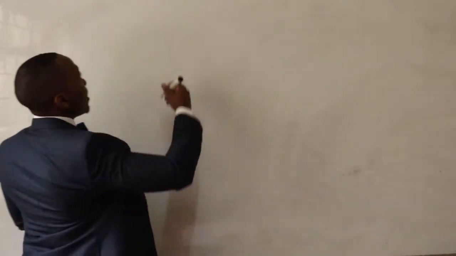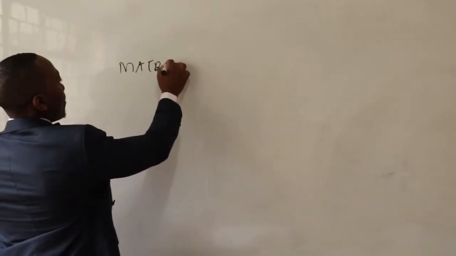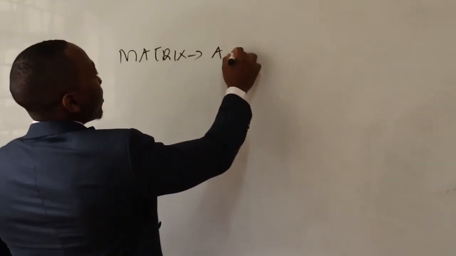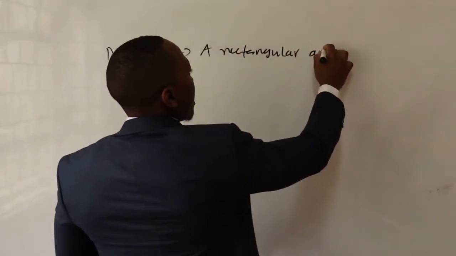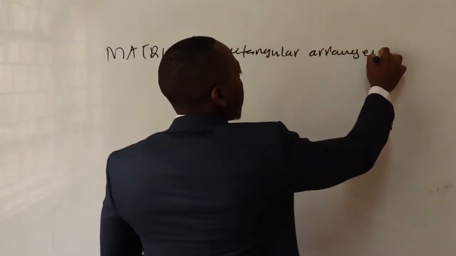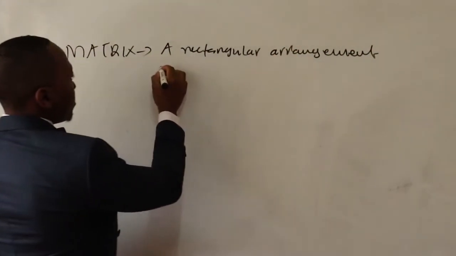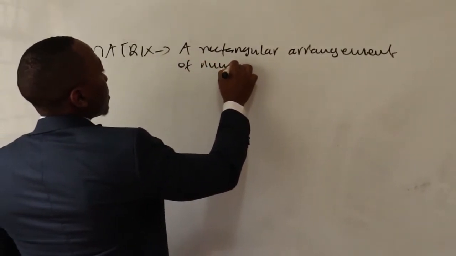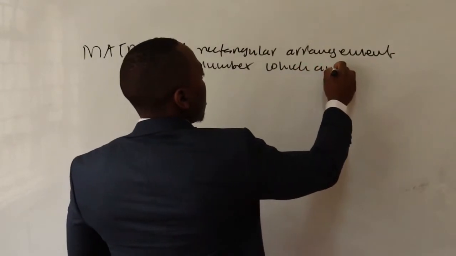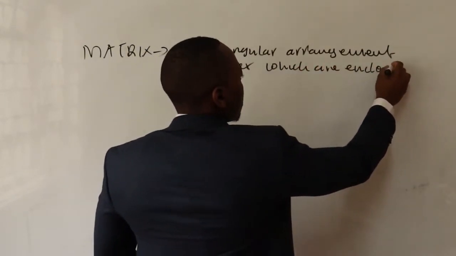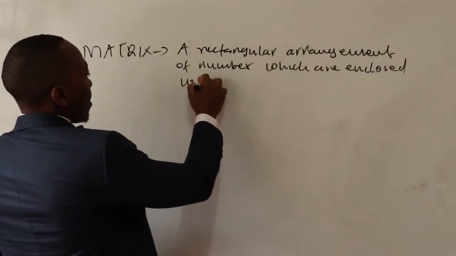And we are saying that a matrix is just a rectangular arrangement of numbers which are enclosed within a bracket.